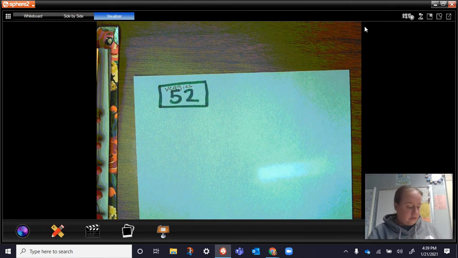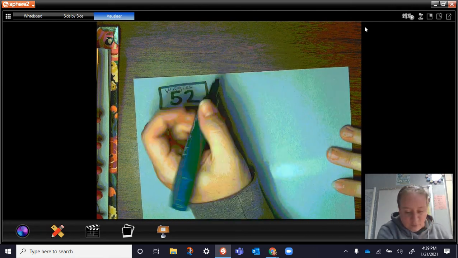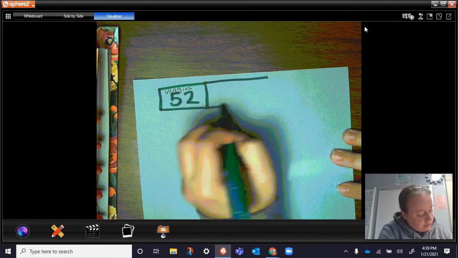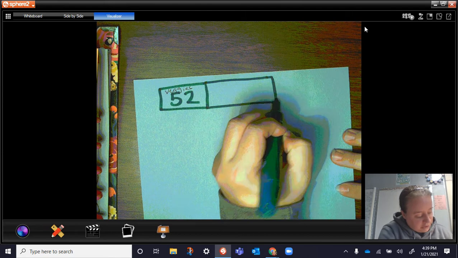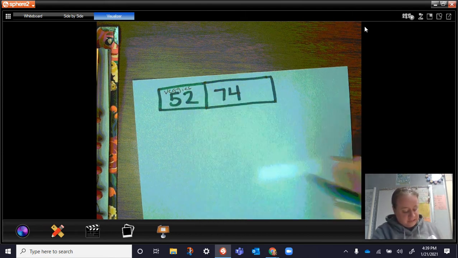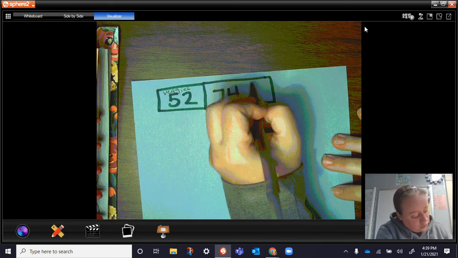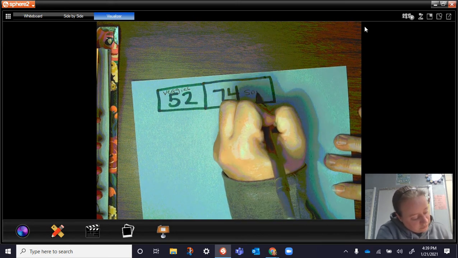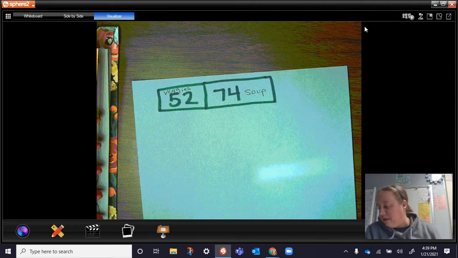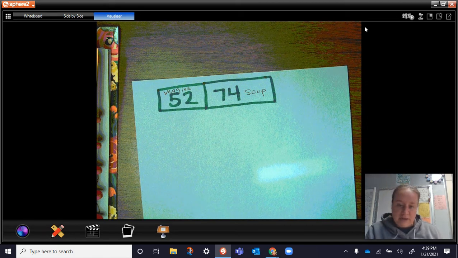Then I also know that there are 74 cans of soup. I'm going to draw this a little bit bigger because the value is bigger, and I'm putting it side by side with the veggies. When you look at the problem, we're going to take these cans and put them on shelves, and we want to know how many cans go on each shelf.